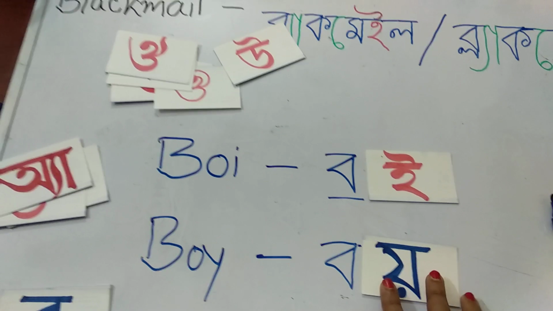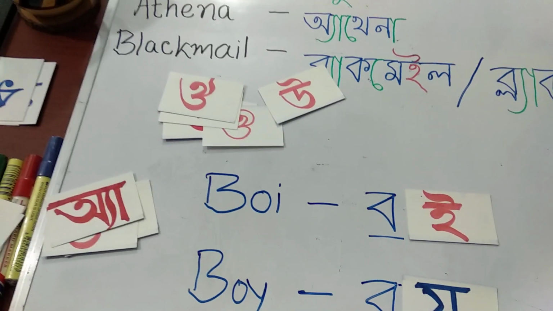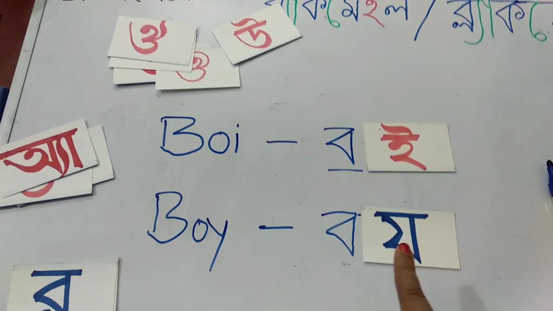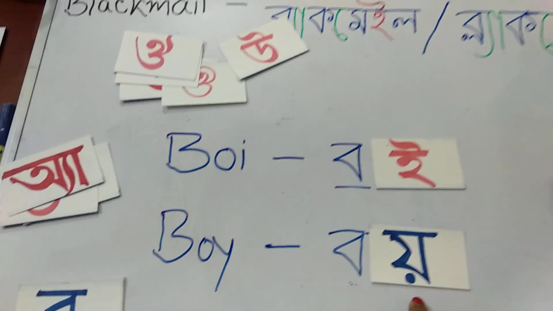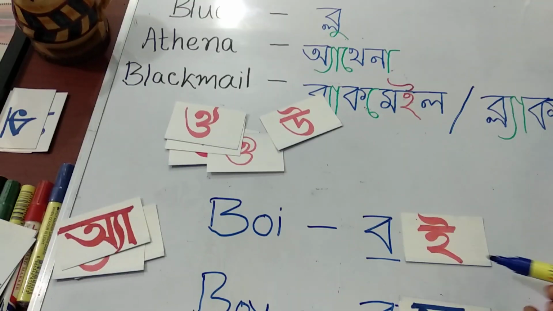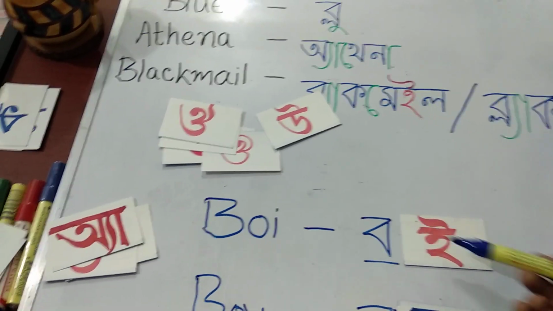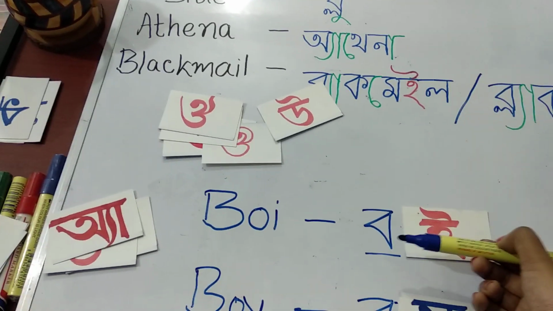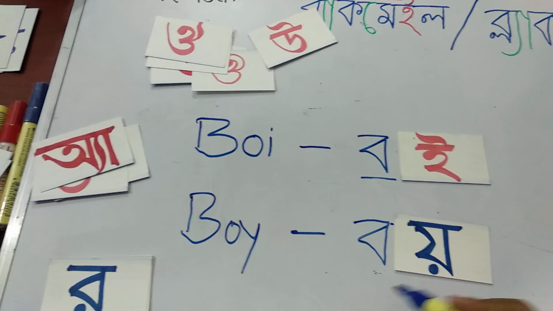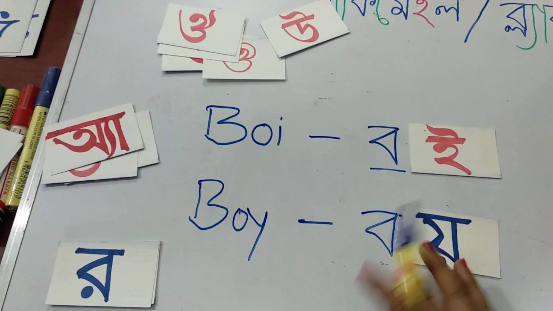Okay, so here it's a two-letter word and it's at the end, so it will be pronounced as E, like here. So this is boy, but this one was boy because this makes the O, but this keeps the letters O as it is.